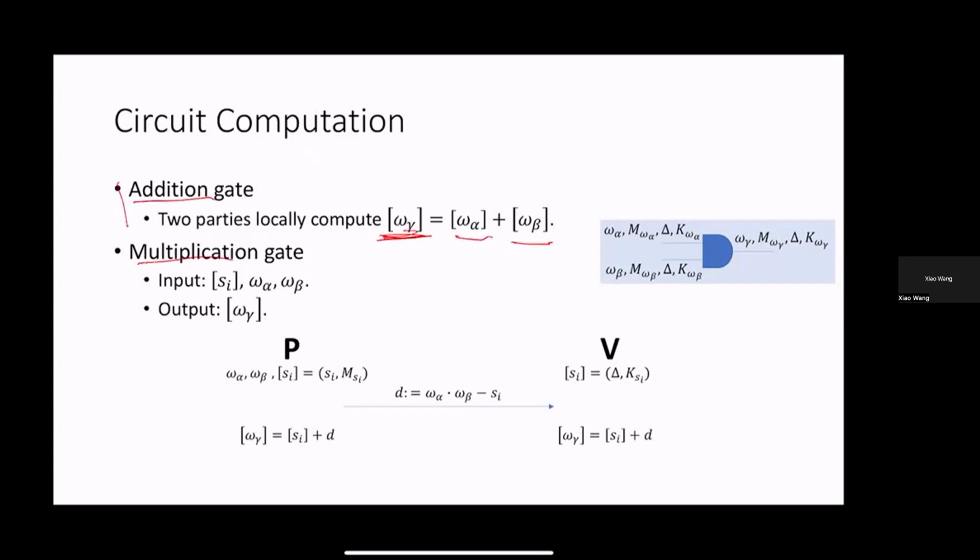So the difficult part always comes from the multiplication gate. Both parties have the authentication of the input wires, and we want to get the authentication of the output wires.